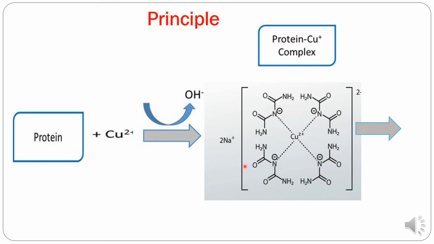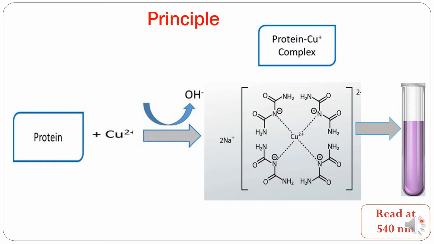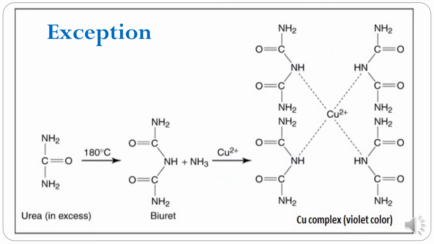Okay, so these will form the colored complex. This is a large molecule, and the length or the size of the molecule will depend upon the size of the protein or the peptide. This will lead to the formation of a violet color, and the reading will be taken at 540 nanometers.